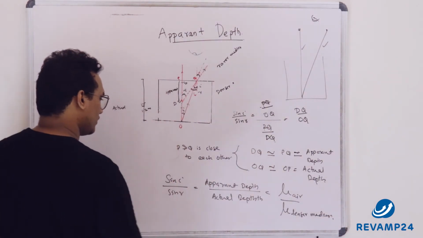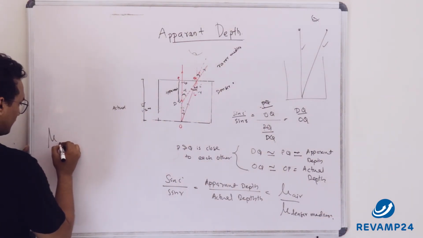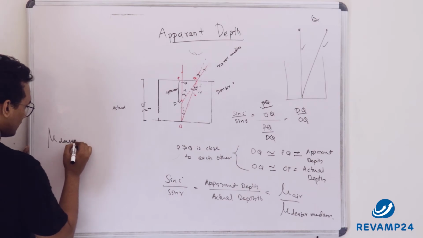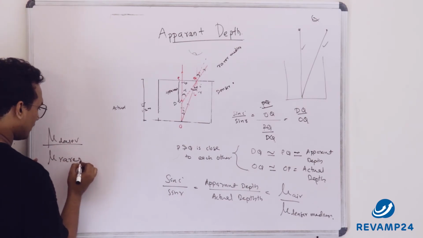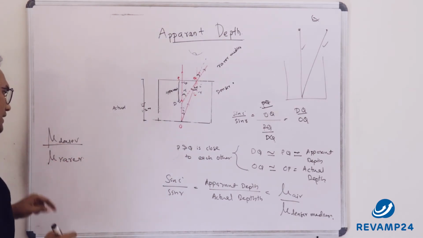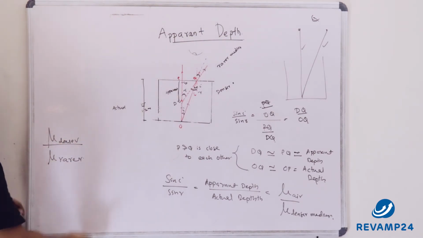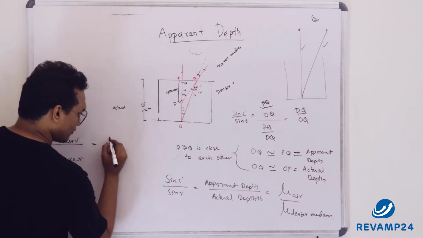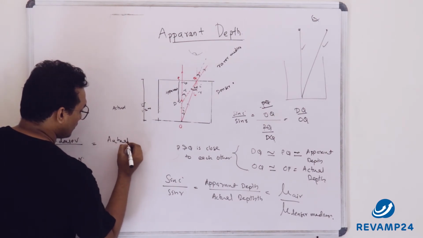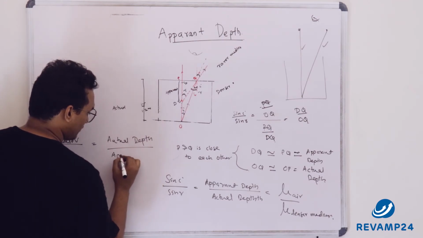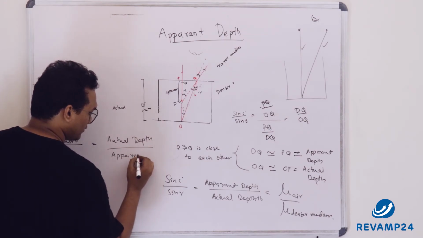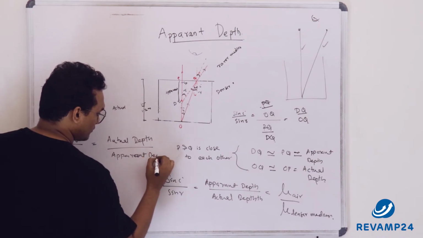So just take the inverse of it. So refractive index of denser with respect to refractive index of rarer. Why have I done this? I know that refractive index of denser is greater than refractive index of rarer. Anyway, this is equal to actual depth divided by apparent depth.